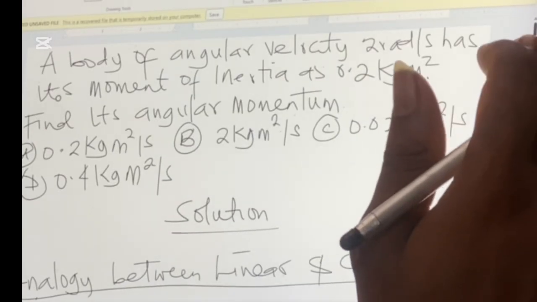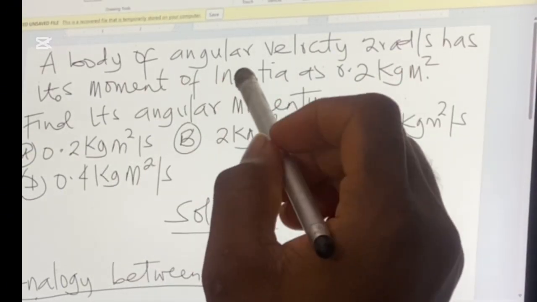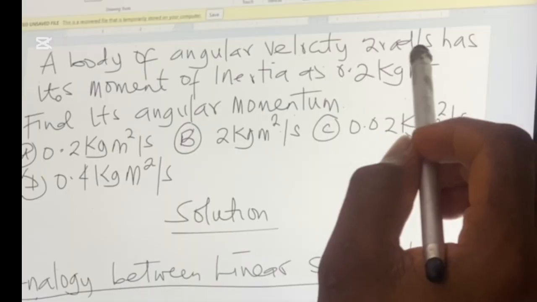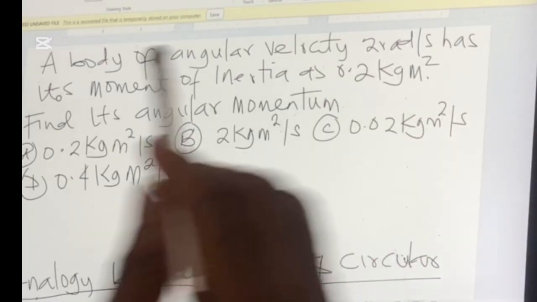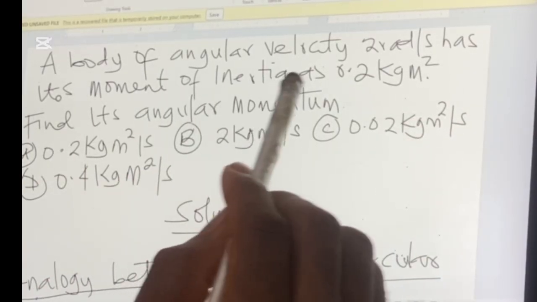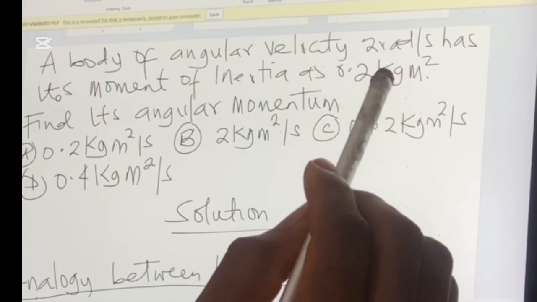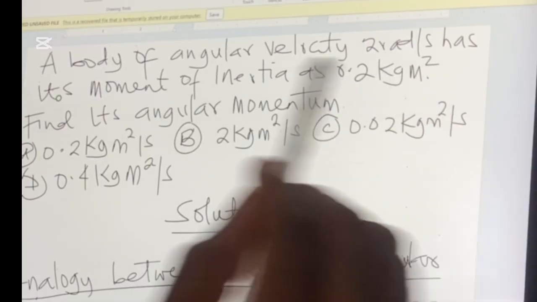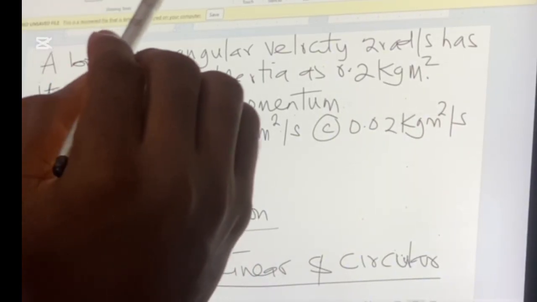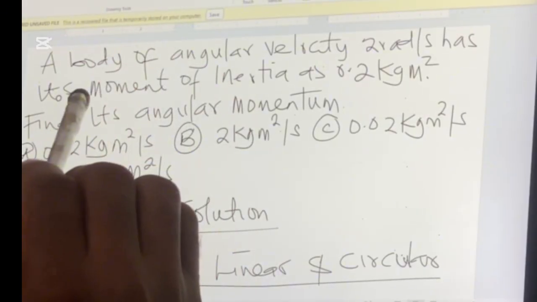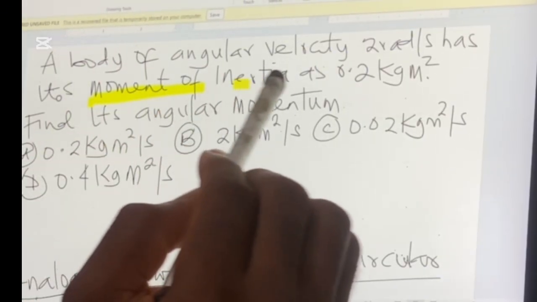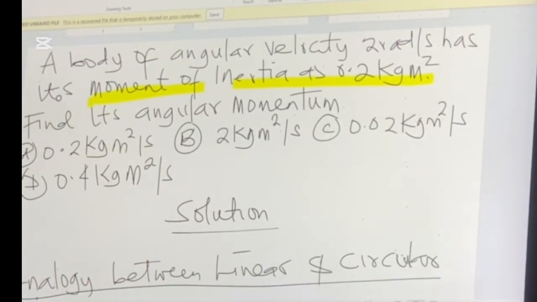This is the question here. They said a body of angular velocity 2 rad per second has its moment of inertia as 0.2 kg meter squared. So the moment of inertia is given to us as 0.2 kg meter squared.